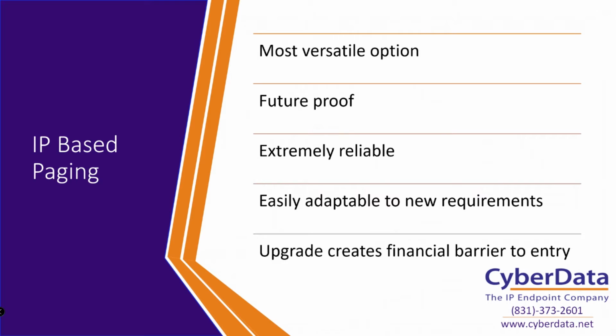So a completely IP-based system is the most versatile because it can expand and adapt to changes in requirements with the solution in that particular implementation. And the nice thing that you get when you go with an IP-based system is it ends up being fairly future-proof. Probably like how the original paging system that we're going in there and replacing was sold to the schools maybe 20, 30 years ago.